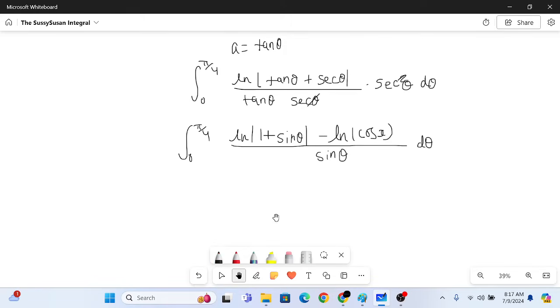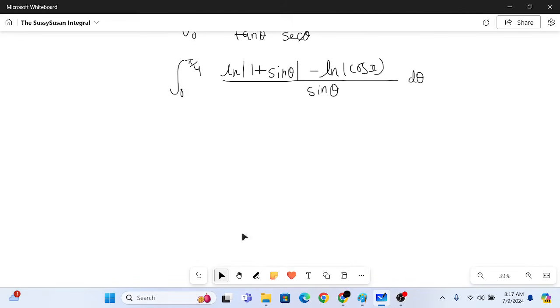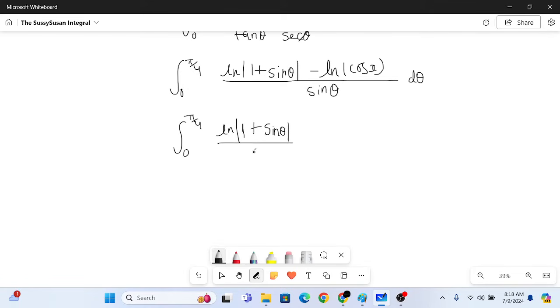Now over here we can actually do something interesting, that I hope will be enjoyable to your eyes to look at what I'm doing now. The integral of ln of 1 plus sine theta by sine theta d theta, minus the integral from 0 to pi by 4 of ln of cos theta by sine theta d theta.